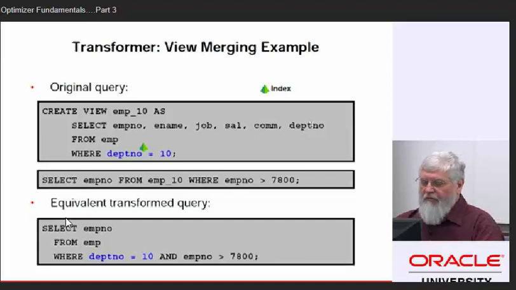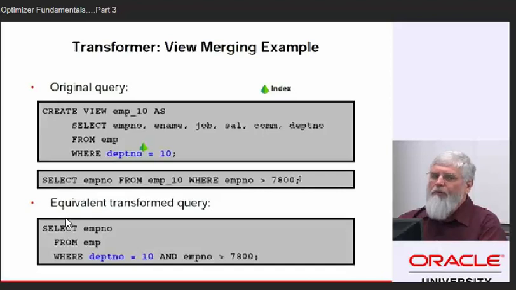One way is to execute the defining select for the view, treat that as a result set, and then use that result set as a row source. Once it's formed, the result set doesn't have any indexes on it at all.